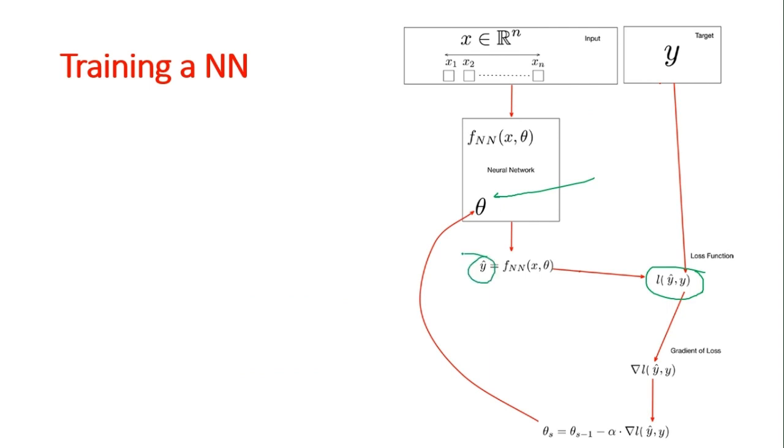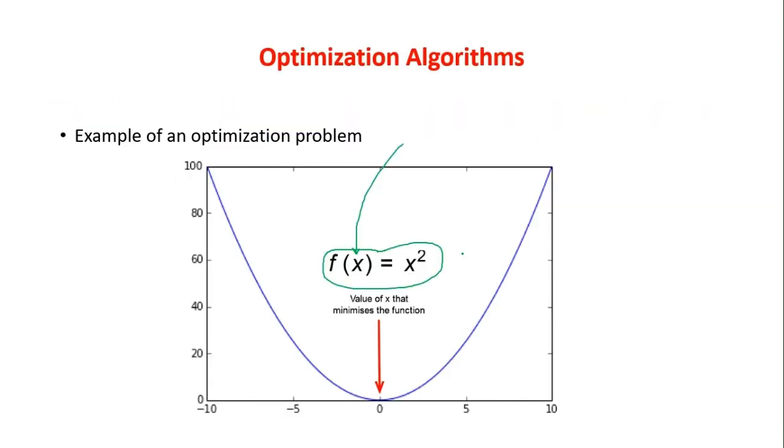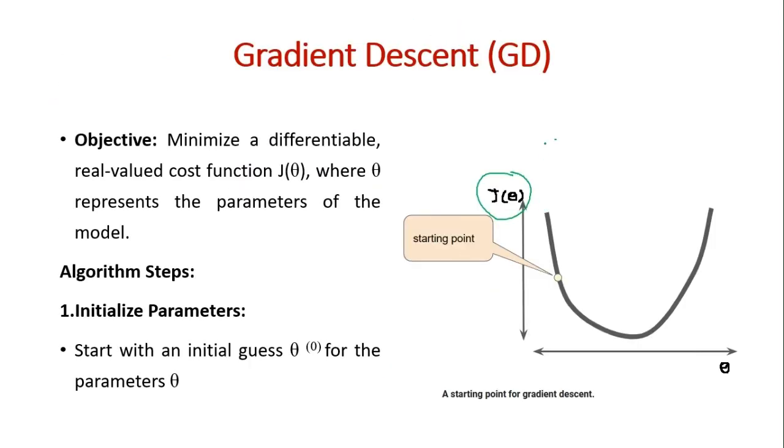So for simplicity, we will take the function to be minimized as j of theta, some cost function, some loss function. This function is known as a loss function or cost function, j of theta. Both are used interchangeably, but both are not the same. But for the time being, assume these two are almost the same.